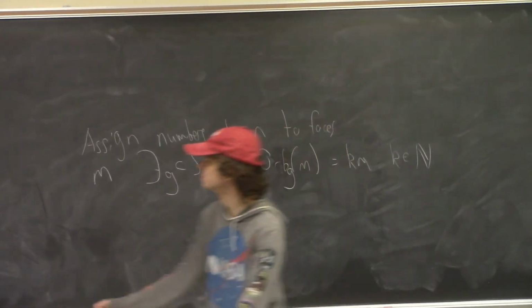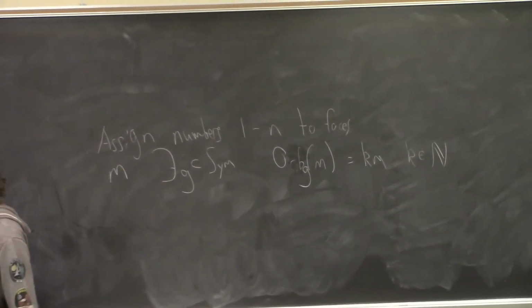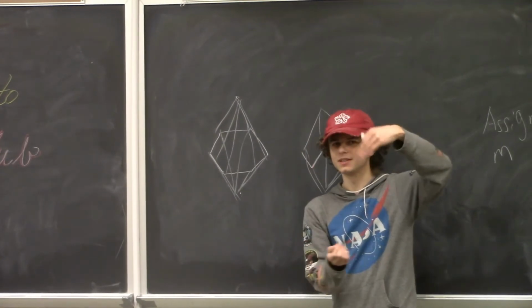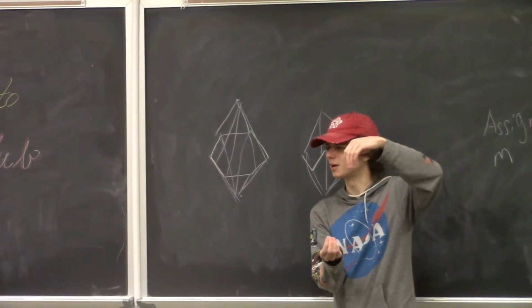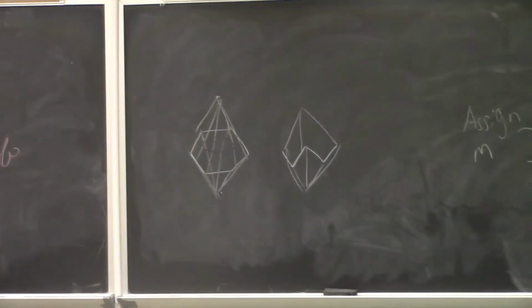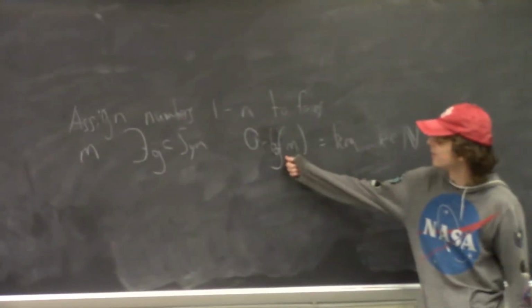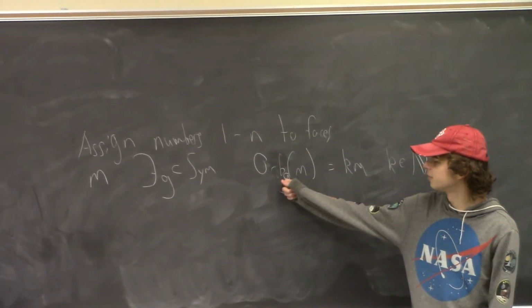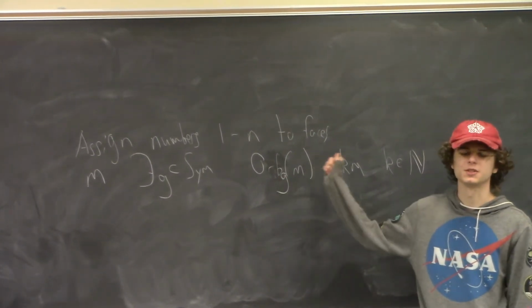So if you look at this, the orbit of one of these top faces under a rotation is the top. You can get to every face at the top, but you can't get to the bottom. So the orbit of this is the top. If there is a subgroup such that the orbit of the face under the subgroup is all multiples of that number.